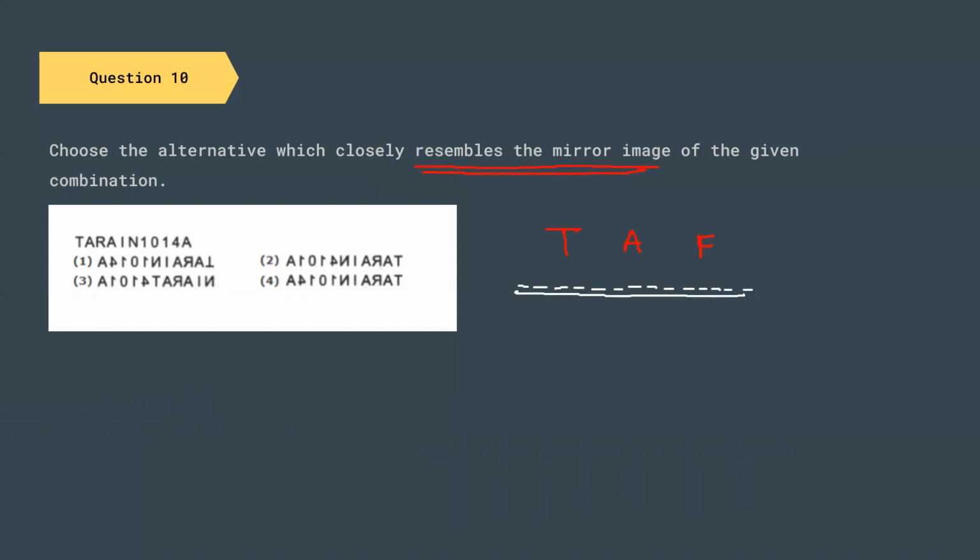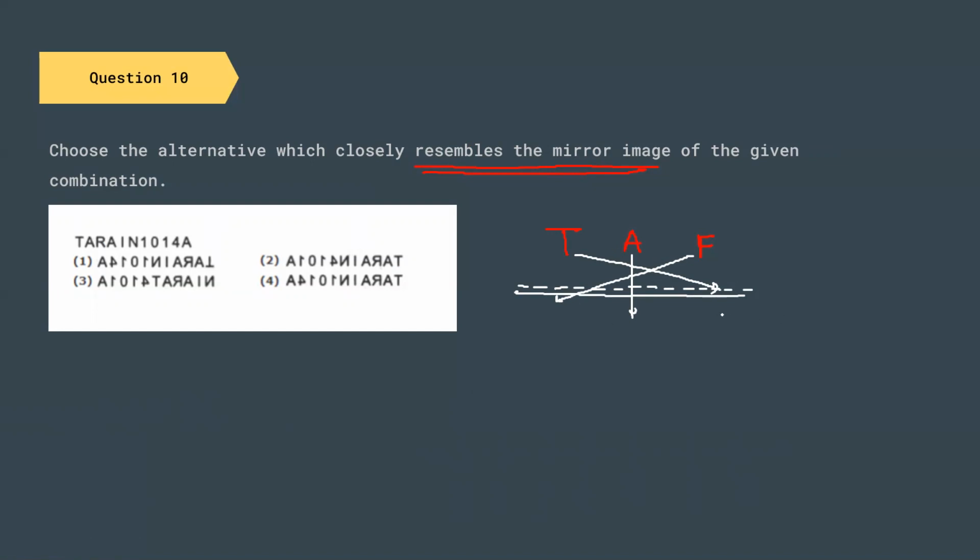So what happens on a mirror surface is that F will come here and A will come here. So the positions of the letters are reversed.